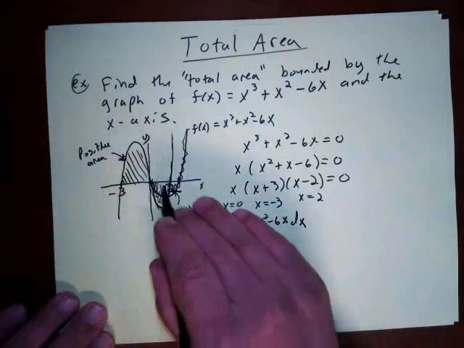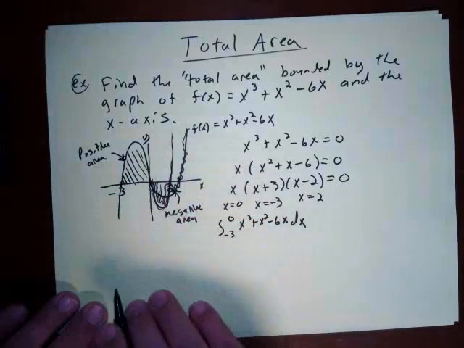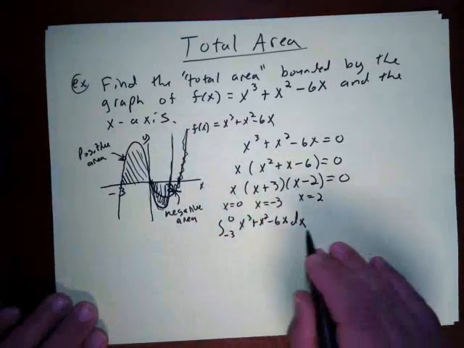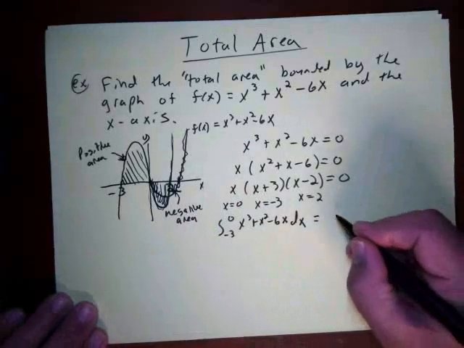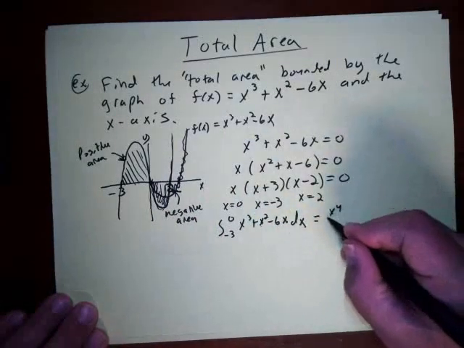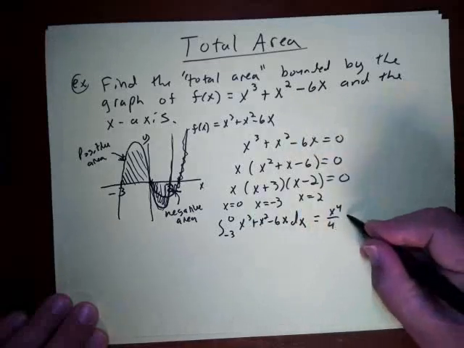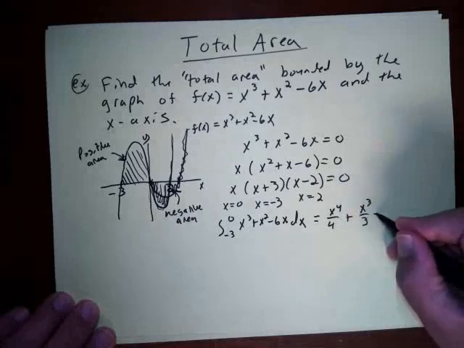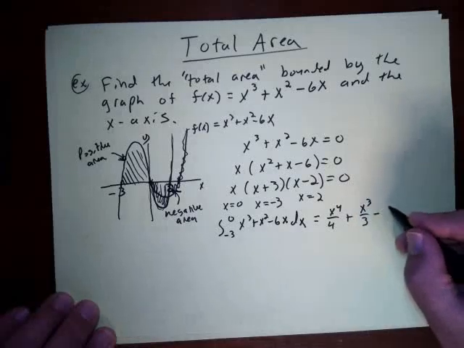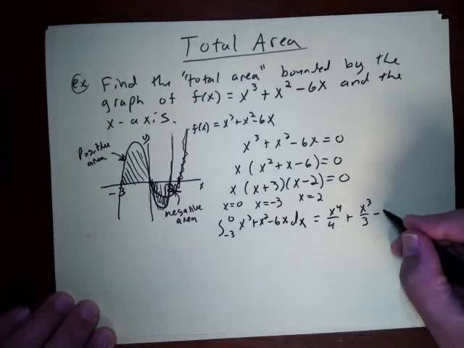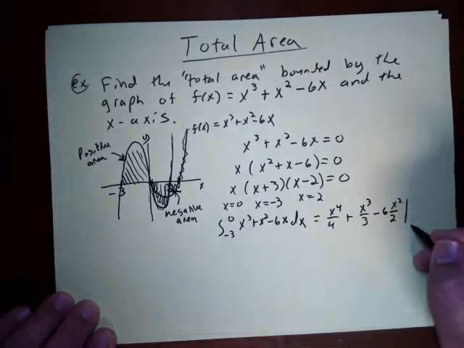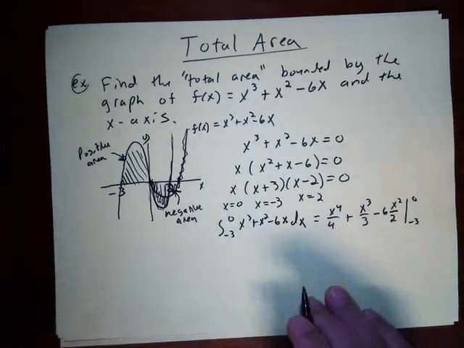And then I'm going to integrate the same thing from 0 to 2. So let me do this one first so I get the antiderivative. The antiderivative is just x to the 4th over 4 plus x cubed over 3 minus 6 times x squared over 2. And then I'm going to integrate this from -3 to 0.